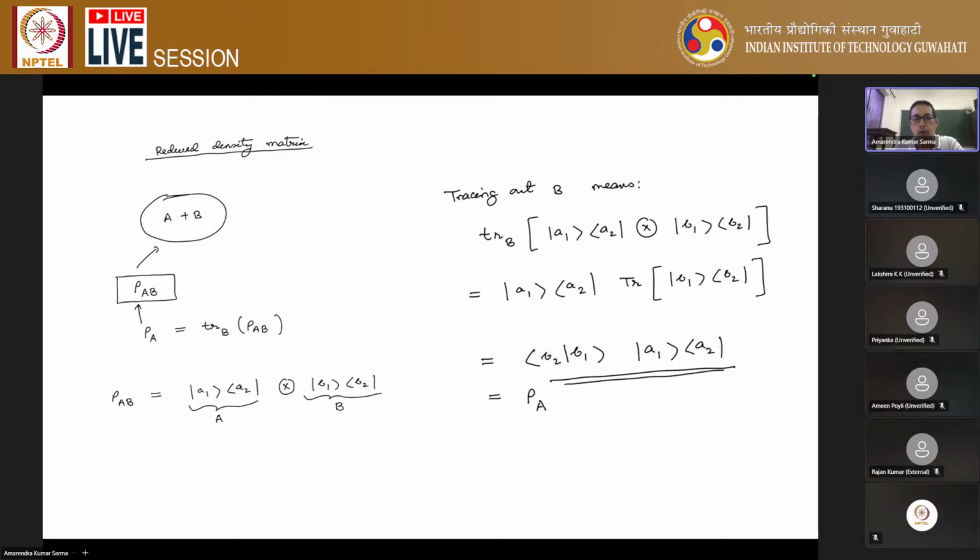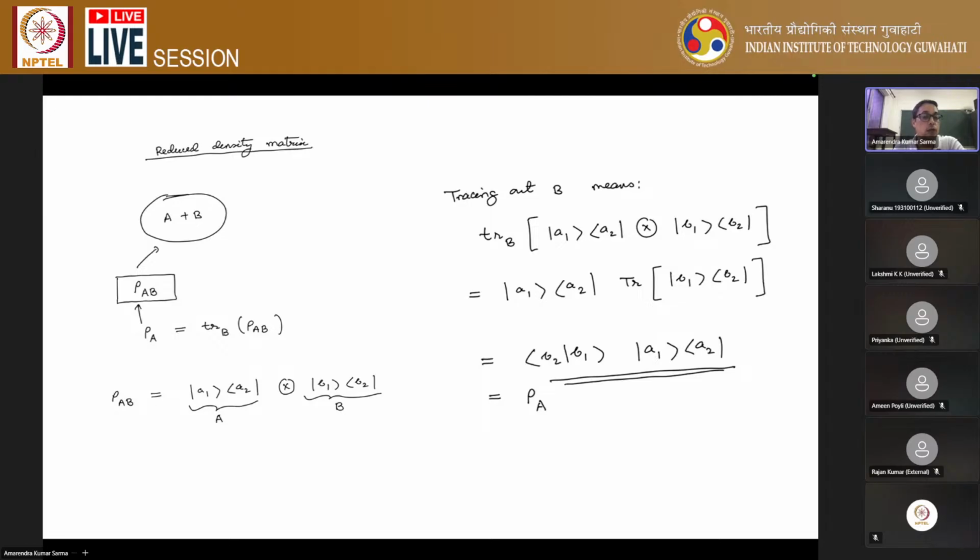And then one important concept that we discussed is the reduced density matrix. The idea behind the reduced density matrix was that sometimes you are not interested in both systems, rather you are interested only in one system. For example, if you have a system and it is interacting with the surroundings, you may not bother at all about the surroundings.